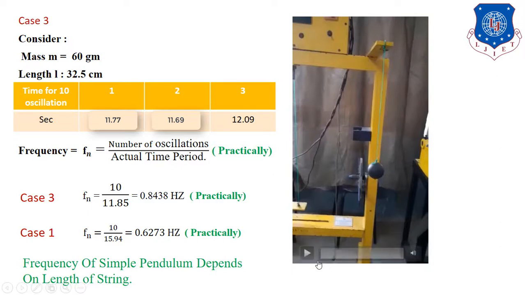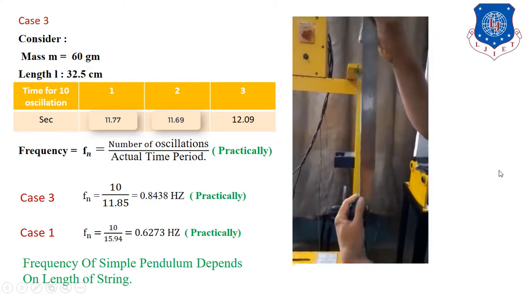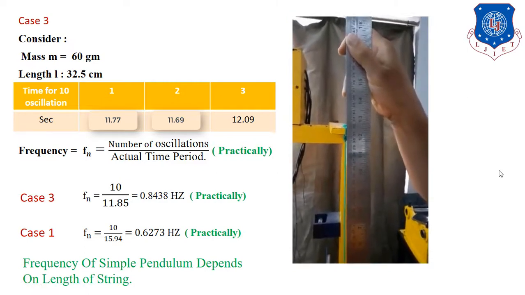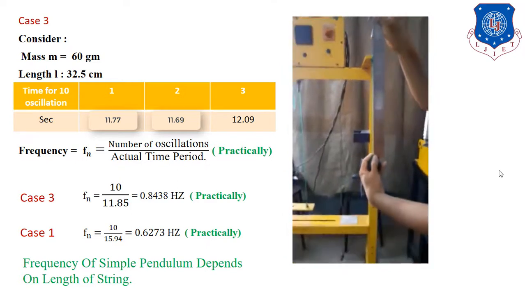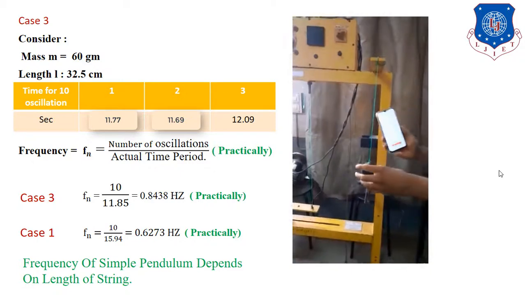Let's first measure the length of the string by using the scale. The length of the string is 30, and also we consider the radius of the ball, so that is equal to 32.5 centimeters.